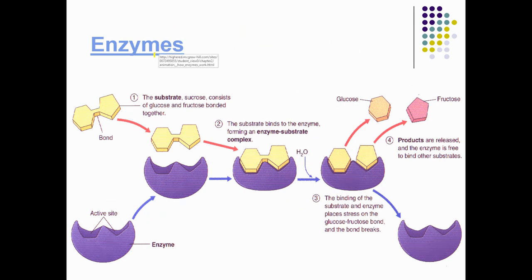I don't know if this video link works, but there was a video attached. I don't think they work anymore because they were Flash Player. But what I'm about to repeat, normally in class I would repeat about 5 times, but you need to know this process. So the substrate, which is the reactant or the reactants, in this case there's just one, is going to bind to the enzyme at the active site.